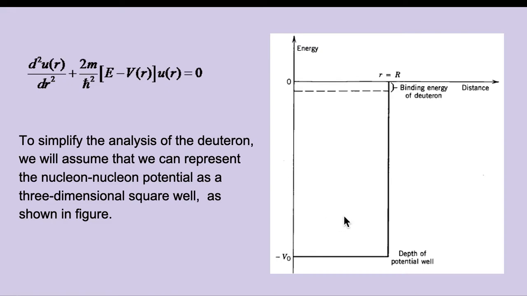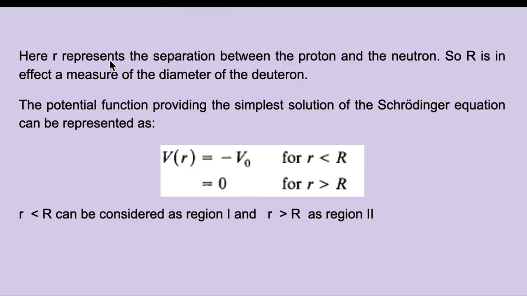This is the nature of a square well potential, and it is already known to you. So here small r represents the separation between the proton and the neutron. Capital R is in effect a measure of the diameter of the deuteron.